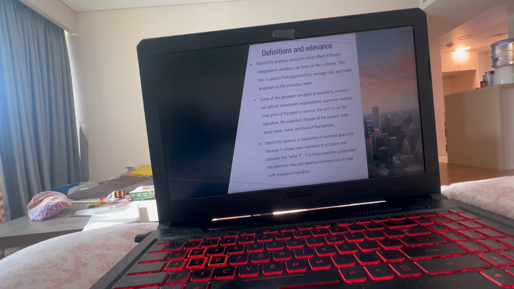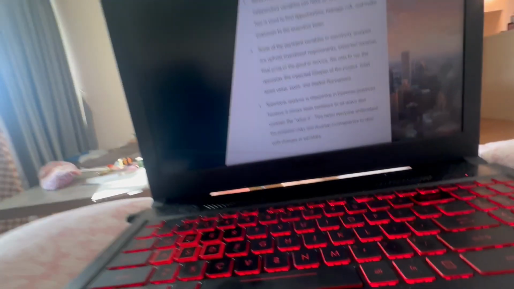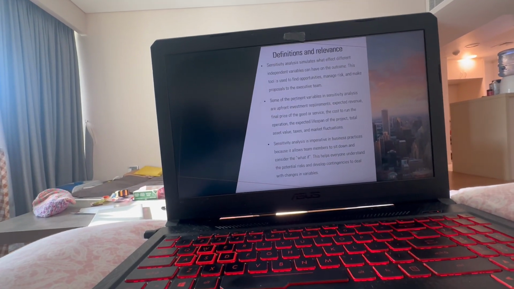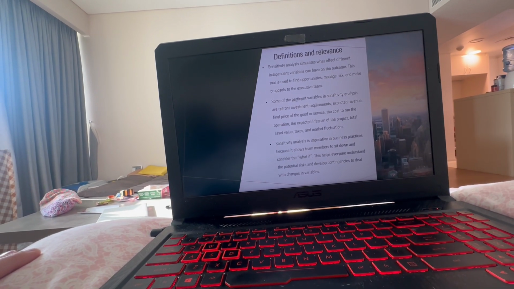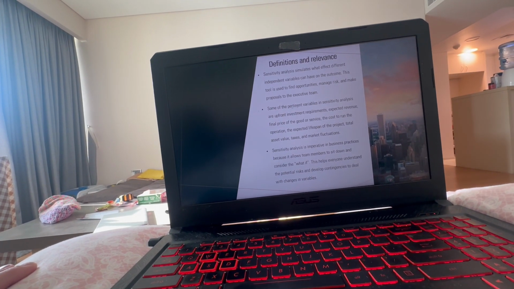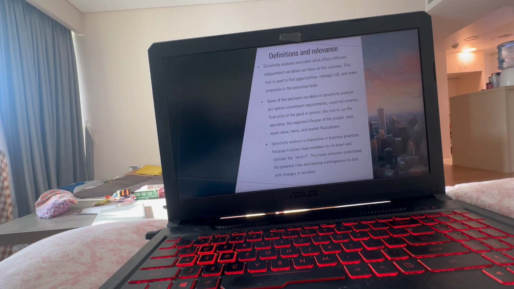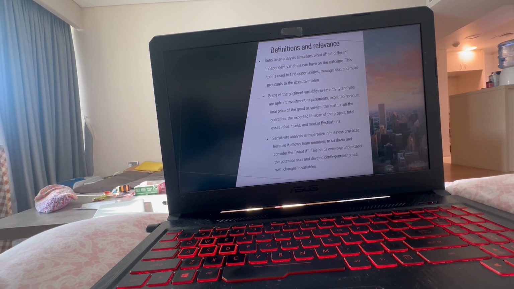That is also called the salvage value. So that would be, in case they go bankrupt, the value of all the assets. And then the market fluctuations, this could be something like COVID, a pandemic, supply chain issue, a war.